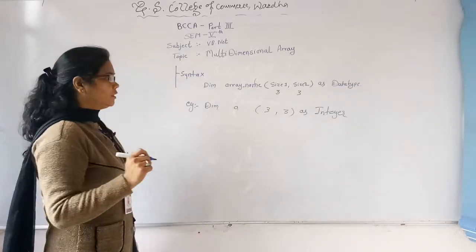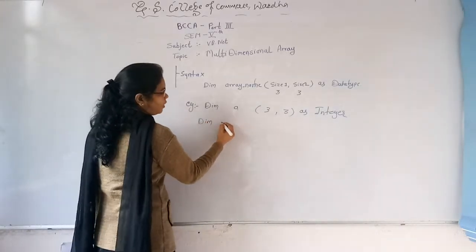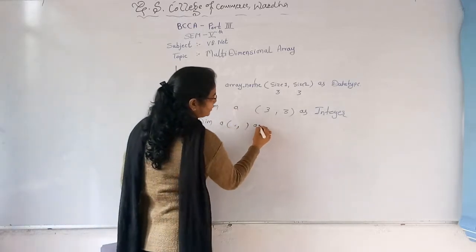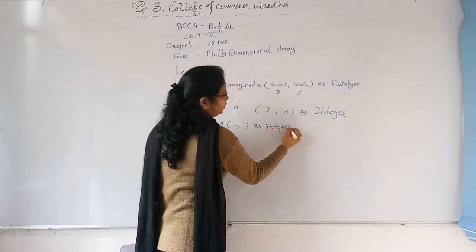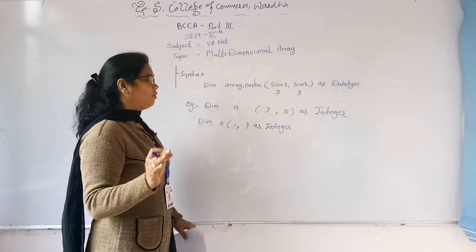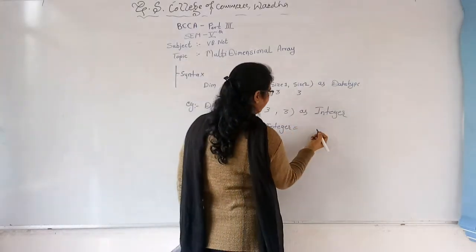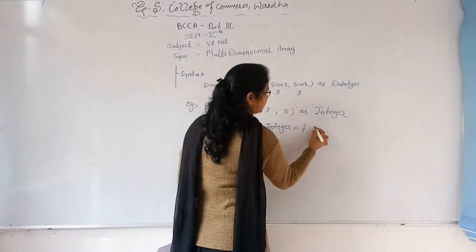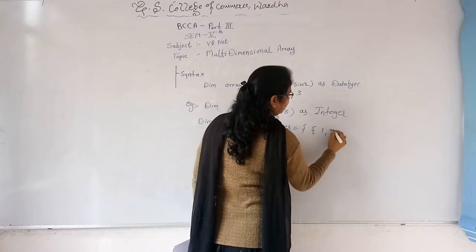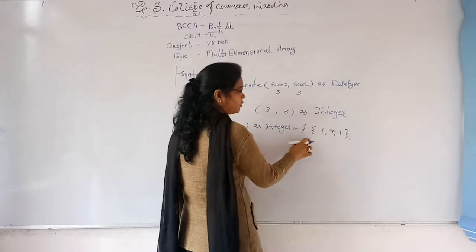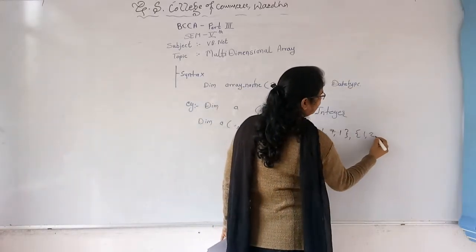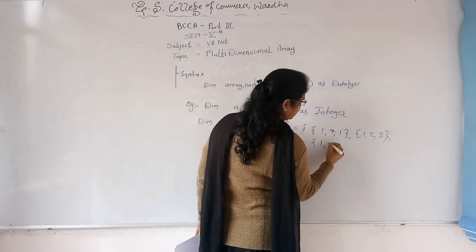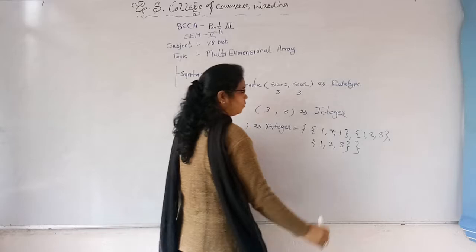There are two types of initialization. We can initialize the array with commas, as integer. It initializes the elements of the array at the time of declaration. So we can declare and initialize the array like this with curly braces. 1 1 1 is the first row, then 1 2 3 is the second row, and 1 2 3 is the third row of the array.